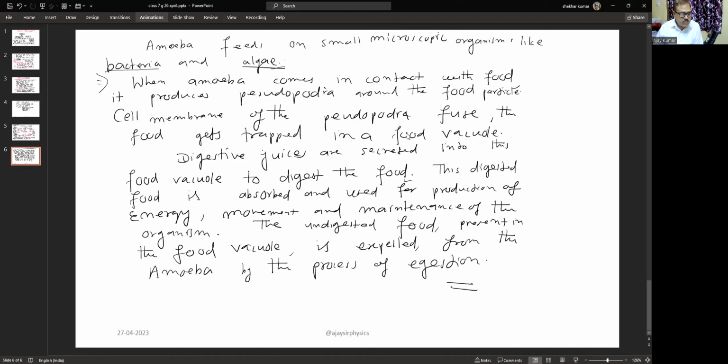So in this way, we see how nutrition takes place in the amoeba, which is a unicellular organism. This is very important, and you have to practice drawing the diagram and explaining the main parts of nutrition in amoeba.